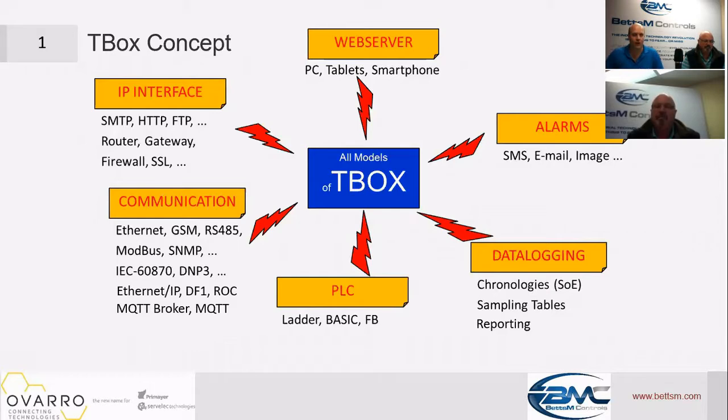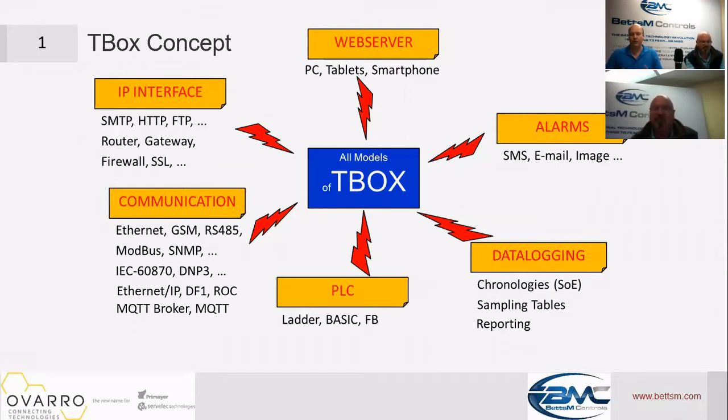So if you look here on this slide, we've got all the different interfaces: Ethernet, serial as well. We support a cell modem, and we can support all the IP stuff with that. Down below, we have Modbus, SNMP, DNP3, and Ethernet IP, which allows us to talk to Rockwell PLCs directly as a master, ROC, and MQTT as a broker, which we can be, or you can just be an MQTT client.